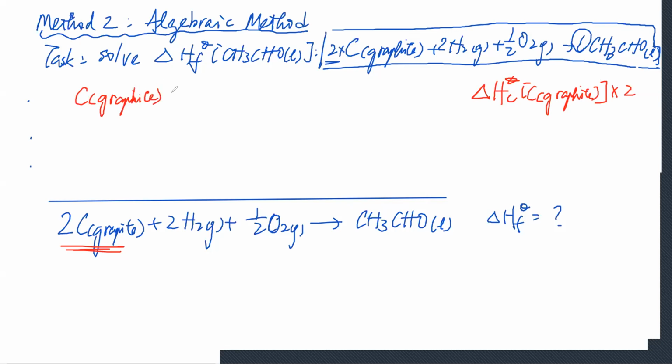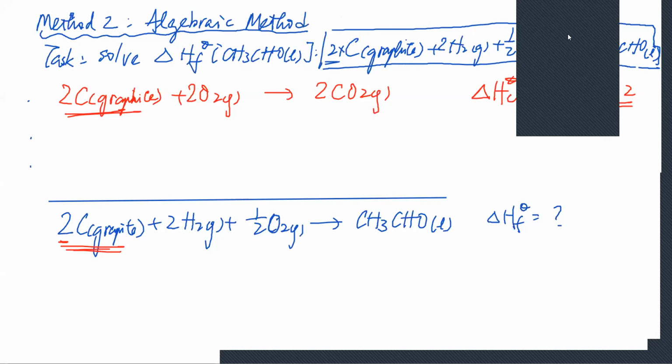Graphite plus O2 to form CO2. Because we have got times 2, you can make it balance, 2, 2, 2 times 2. Do you understand?